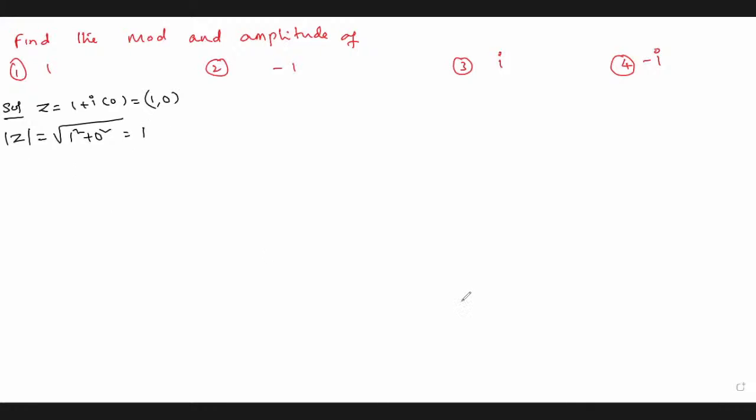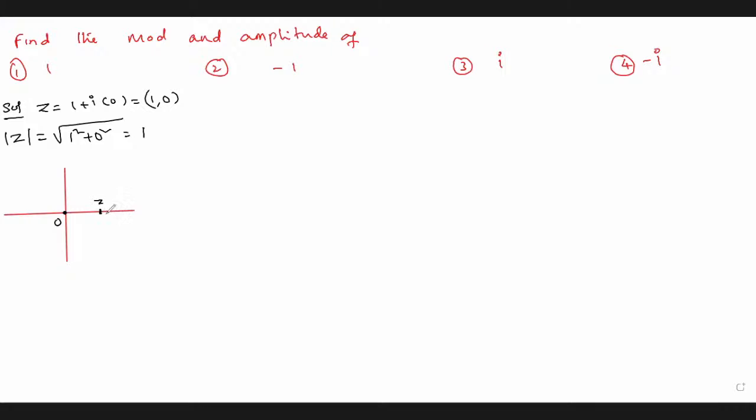To find the amplitude of Z, if you go through the formula, you won't get it. So just go through the concept. Z lies in which quadrant? Z is a complex number 1 comma 0, x value 1, y value 0.